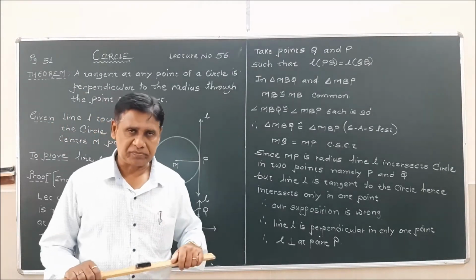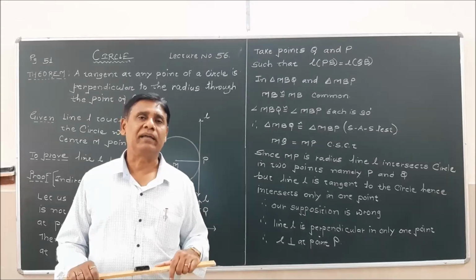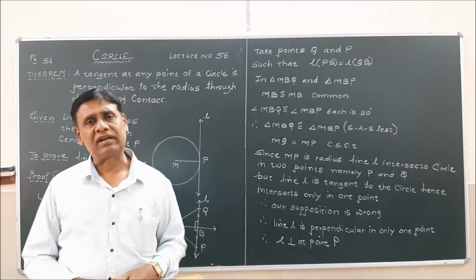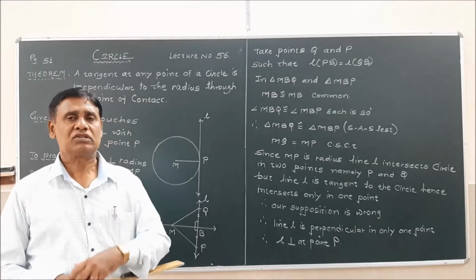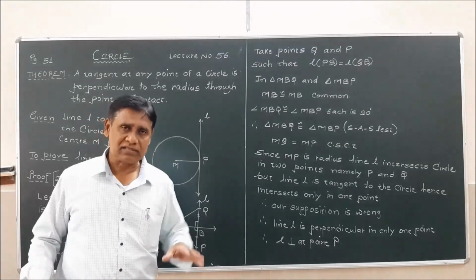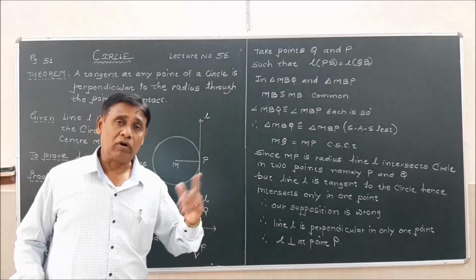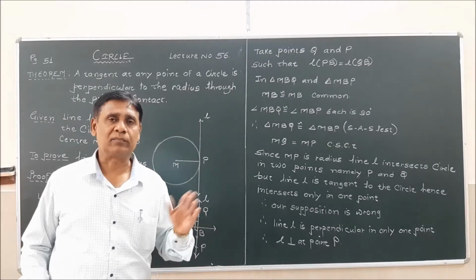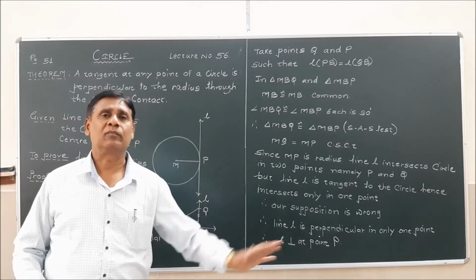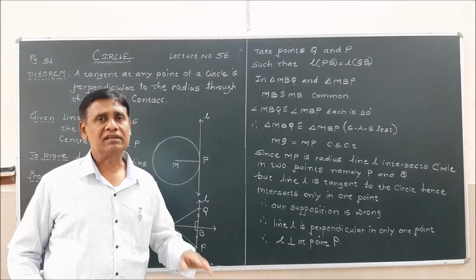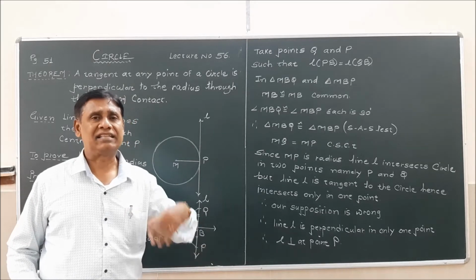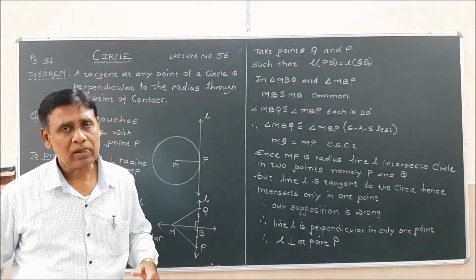Now our supposition. I am going to prove this by the indirect method. Try to understand what is meant by the indirect method also. The indirect method is a method in which, whatever we have to prove, our supposition is exactly opposite, in a negative sense, to that.